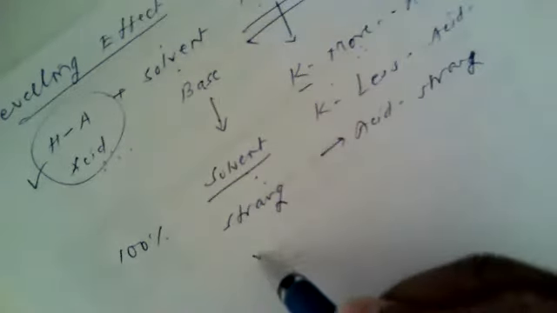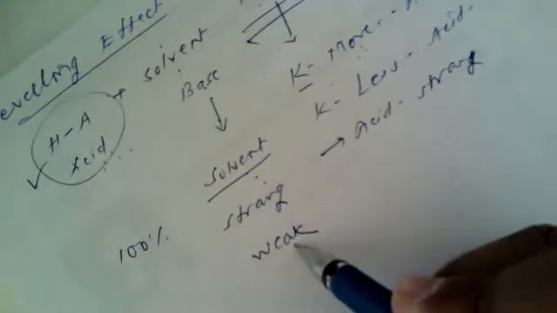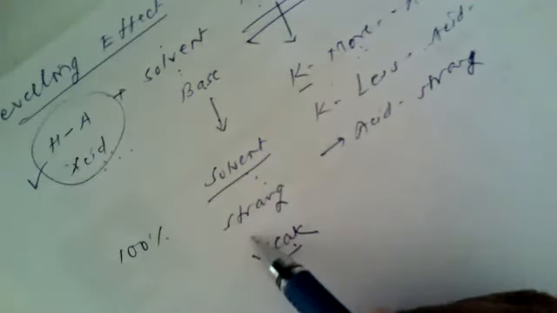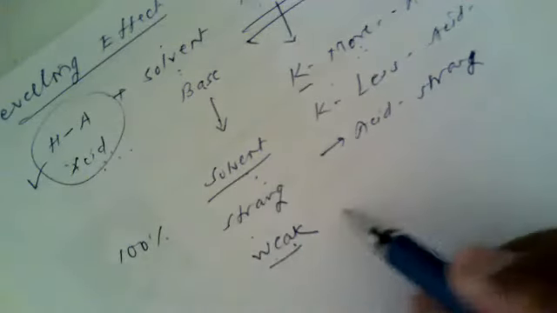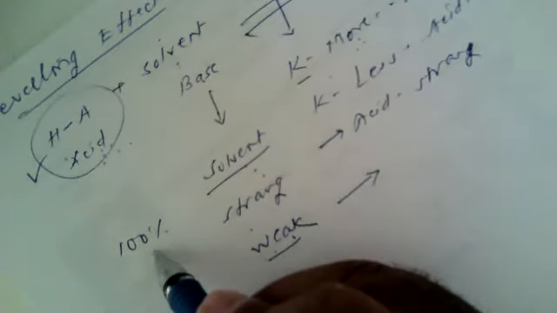Now suppose the solvent used during the reaction is weak. When the acid reacts with such a weak solvent, the autoionization takes place below 100%.